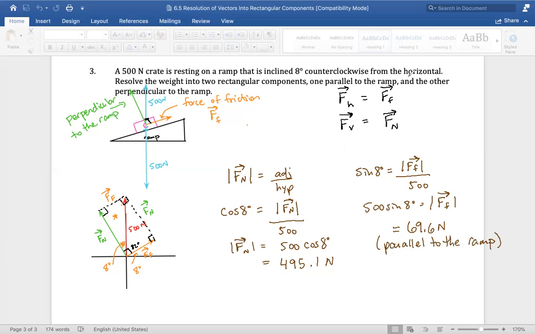And the vertical component perpendicular to the ramp would have a force of 495.1 newtons, for example. So perpendicular to the ramp is my normal force, and that one would be right here, my normal force vector. So let's write down that that one's perpendicular to the ramp.